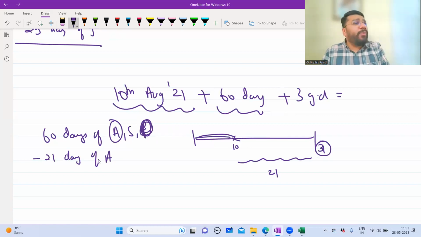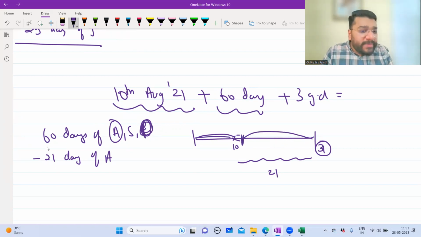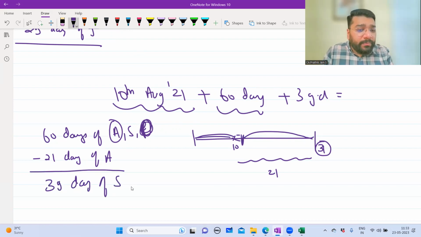Because that much only was left. Out of 31 days of August, on 10th only the acceptance is happening. So from 11th onwards only, we will count now. So 11 to 31 is 21 days. From 11th of August to 31st, the balance days in August month is 21 days. So from 60 days, you minus 21 days of August, we'll be left with 39 days of September and October.